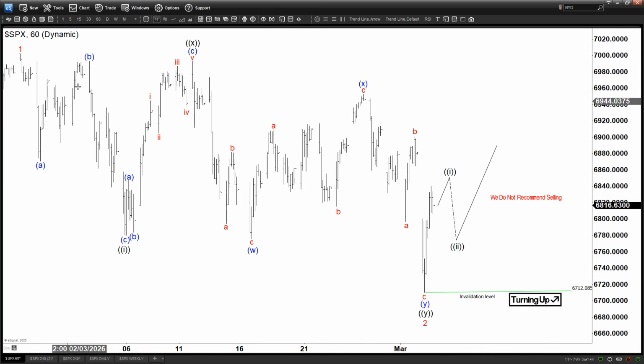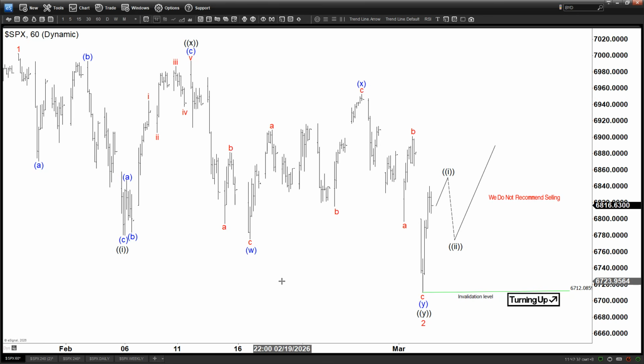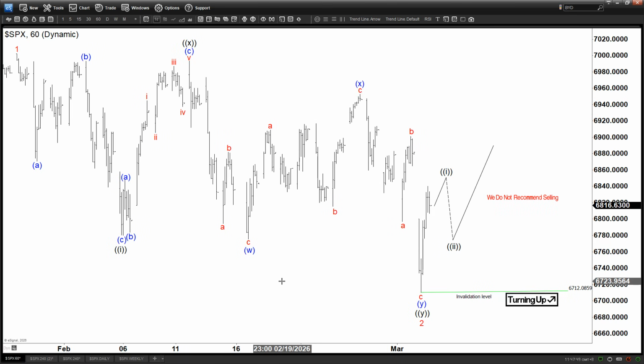But for the time being, based on the structure here, it looks like we might still get push and pull. In other words, probably we are not going to get those very sharp sell-offs that people usually anticipate in a correction, and so it's going to be push and pull, a bit choppy, in a staircase manner during this latest move here.